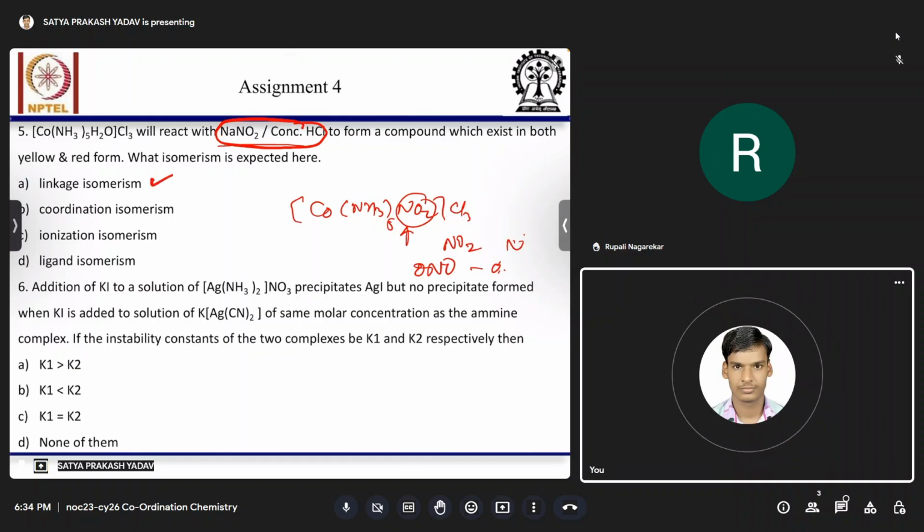Okay. Addition of KI to a solution of AgNO3 precipitates AgI, but no precipitate is formed when KI is added to a solution of K[Ag(CN)2] of the same molar concentration as the amine complex. If the instability constants are K1 and K2, what is the correct relation?